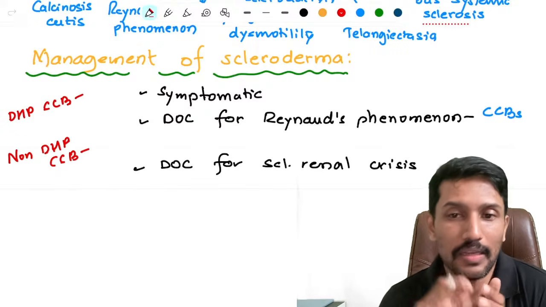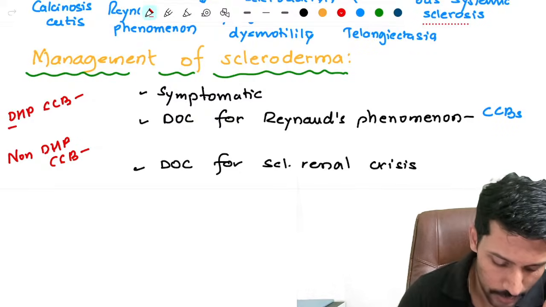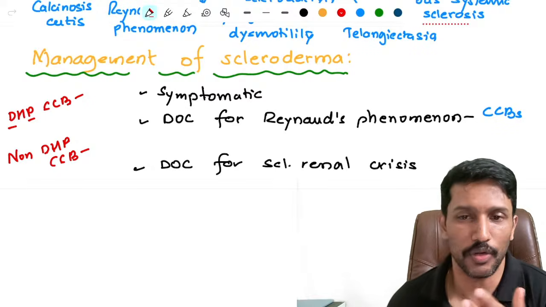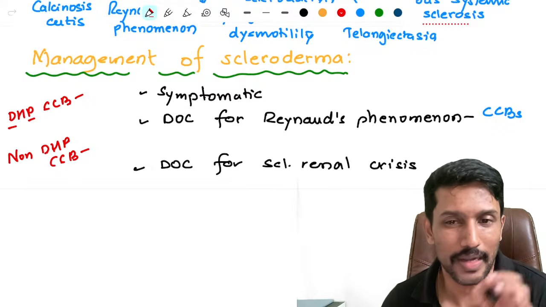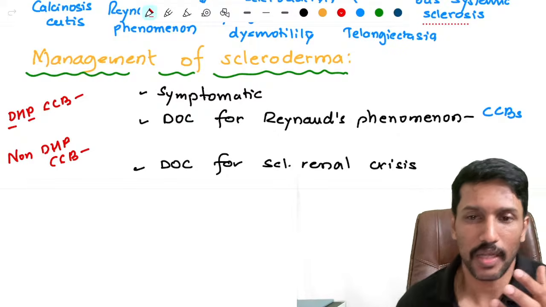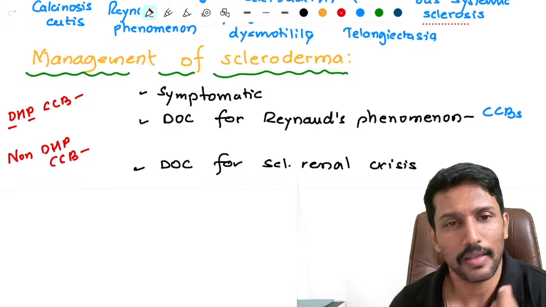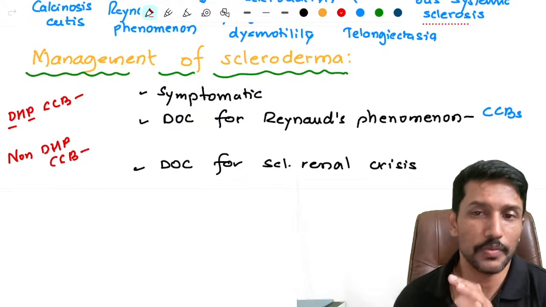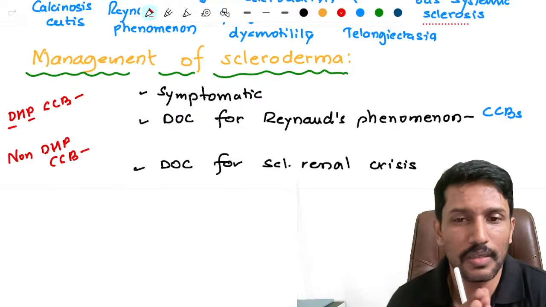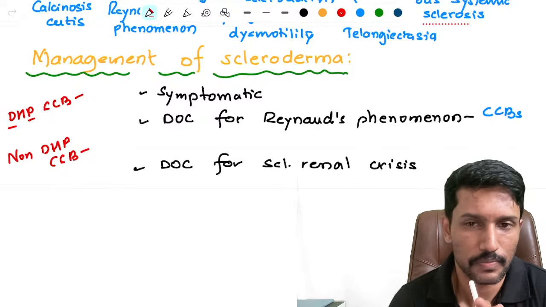Yes, all the dihydropyridine calcium channel blockers end with -dipine. Amlodipine, nifedipine, nicardipine, all -dipines are dihydropyridine calcium channel blockers. And non-DHP calcium channel blockers don't end with -dipine, like verapamil, diltiazem. They are non-DHP. Which one should I use if I have a patient with Raynaud's phenomenon due to systemic sclerosis?